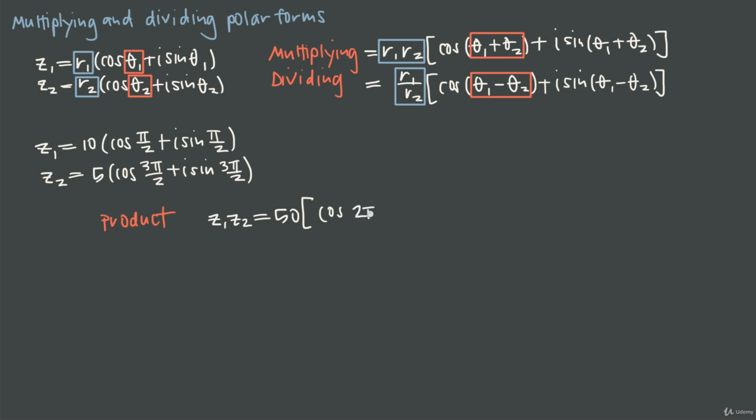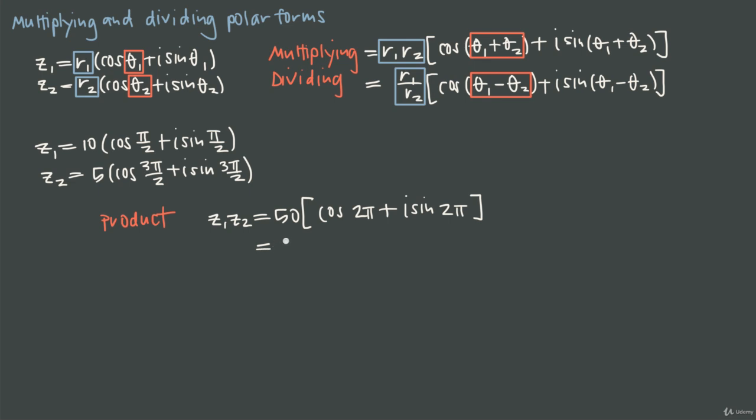So we get cosine of 2 pi plus, following our formula here, i sine of the same angle, so sine of 2 pi. So we can leave the product in this form, which is in polar form, or you could evaluate cosine and sine at the angle 2 pi and simplify this back into rectangular form if you chose to.